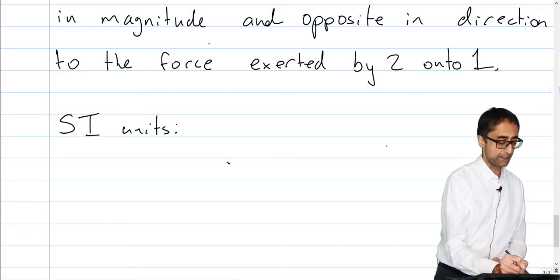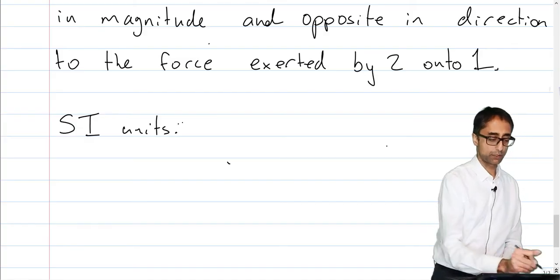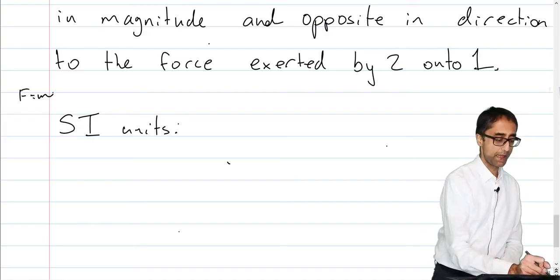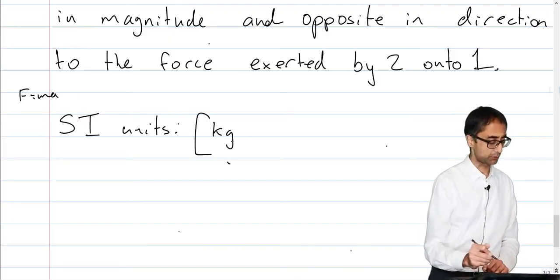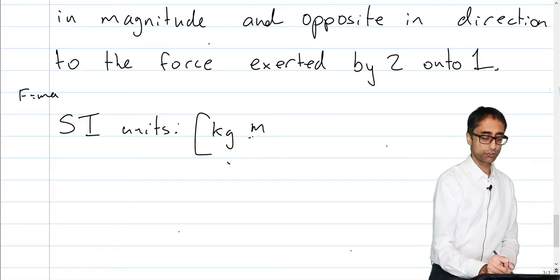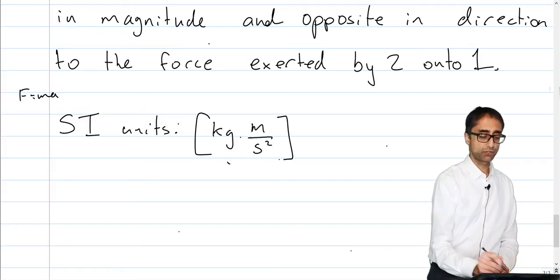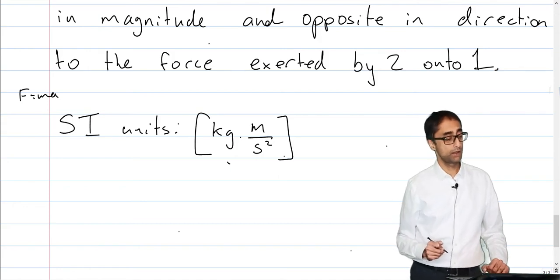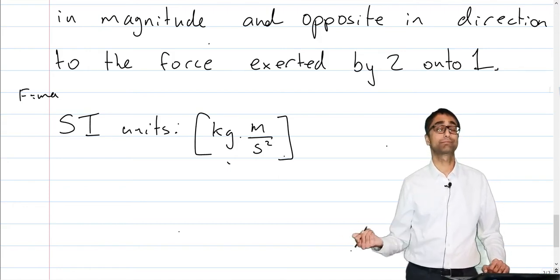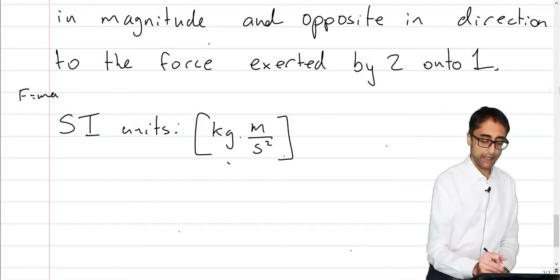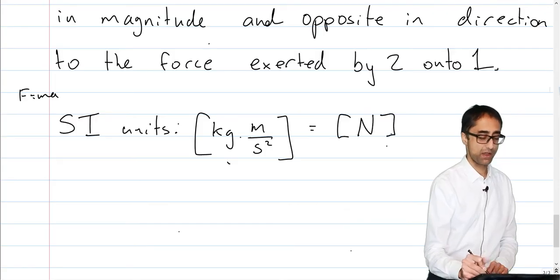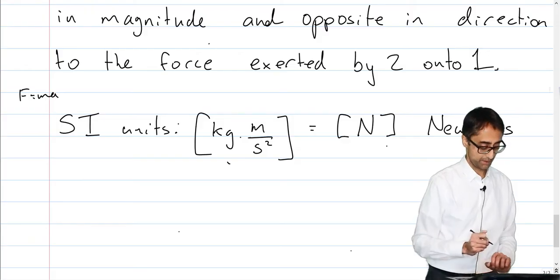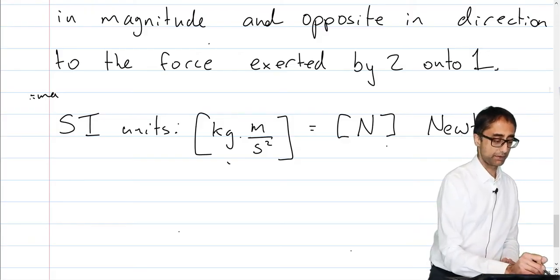Specifically, the SI units for force: if you look at the equation F equals ma, the units of mass in SI units are kilograms, of acceleration are meters per second squared, and so our units for force are kilograms meters per second squared, which is a mouthful to say the least, and so we give it an equivalent unit of capital N, which is called newtons, after Isaac Newton.